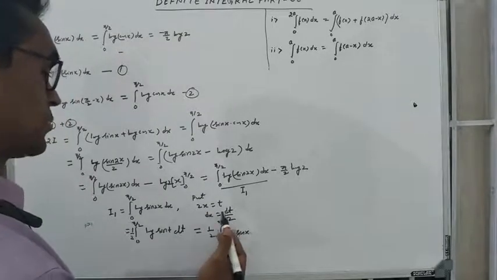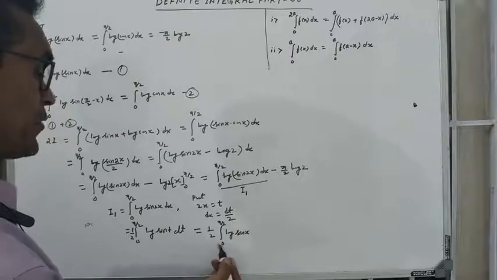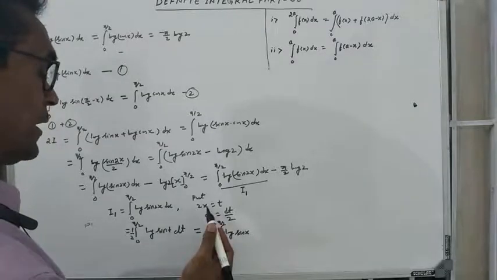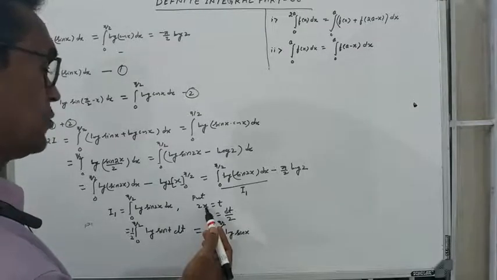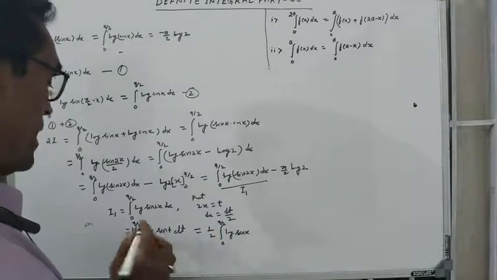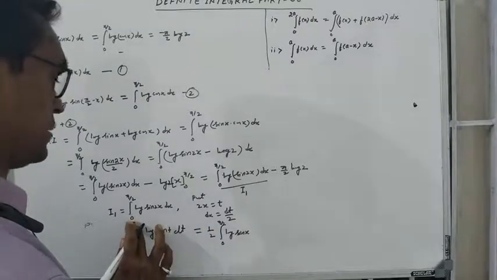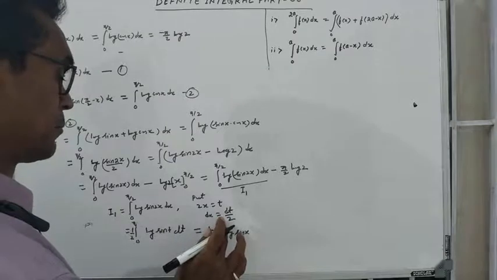So when x equals 0, then t equals 0, but when x equals pi by 2, then t equals pi. So here it should be pi.